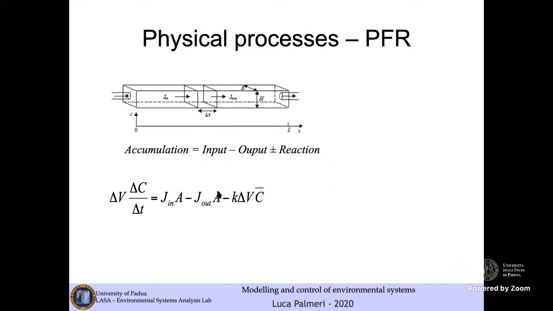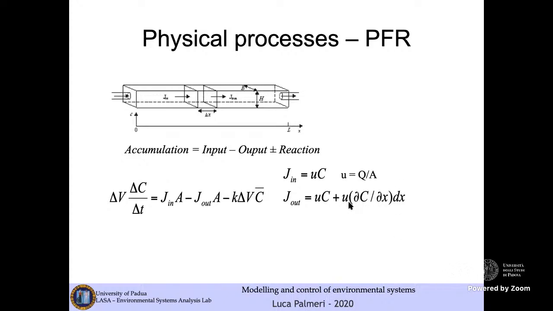J out is the density of flow of the concentration of the substance outside of the infinitesimal element. J in is equal to the speed of the flow times the concentration, and the speed of the flow is discharge divided by the section of the flow, while J out is equal to the speed of the flow times the concentration of the infinitesimal element plus a term that describes the fact that the concentration decreases along the x-axis.